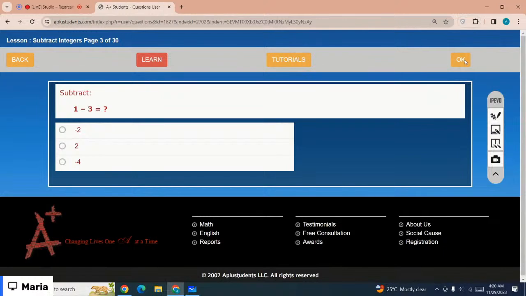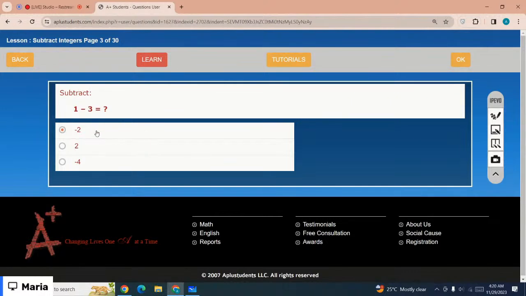Yes, the answer must be negative number, -2. 3 is the bigger number with a negative sign. Answer must be -2. Why? Because 3 is a bigger number, 3 is negative. Answer must have a negative sign. The correct option is -2.